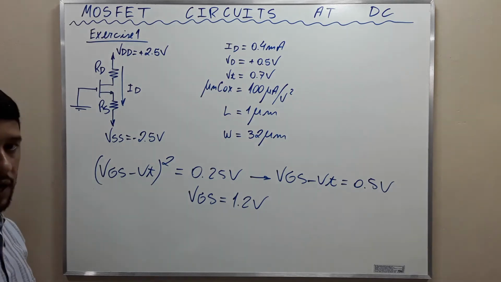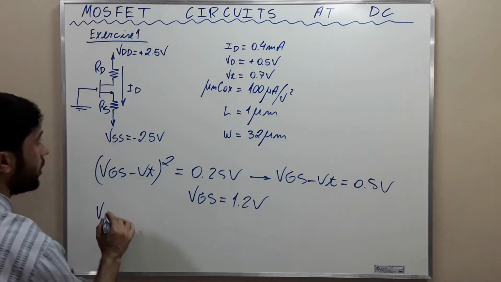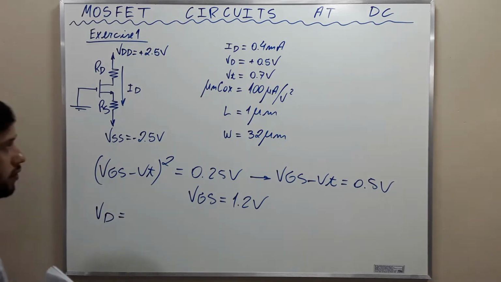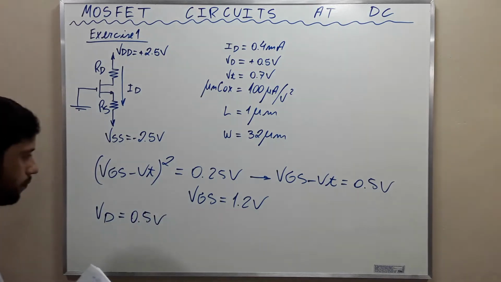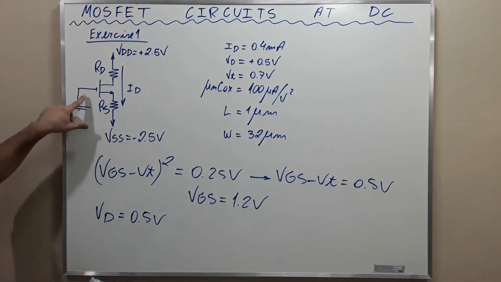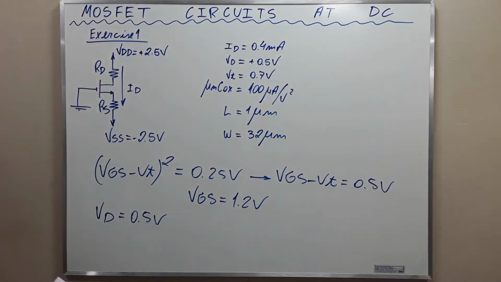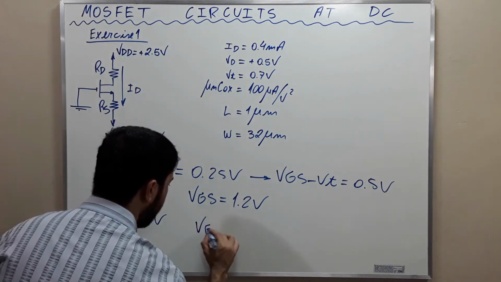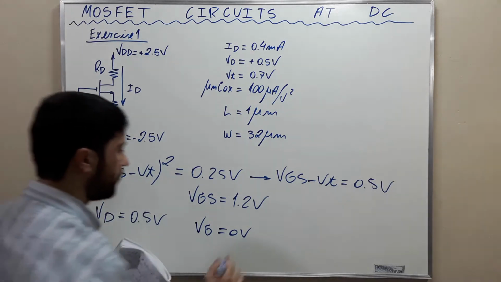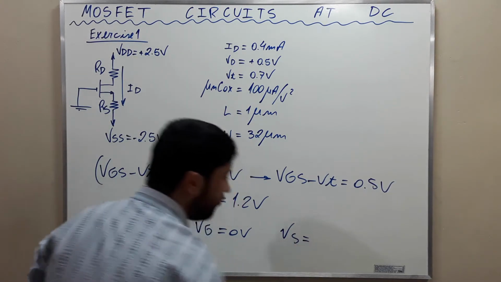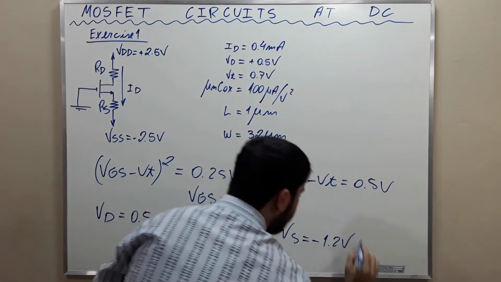And then we have the values. VD we already know, it is a requirement. VD is 0.5 volts. Since VG is 0, it is grounded here, then VS has to be equal to negative 1.2 volts.